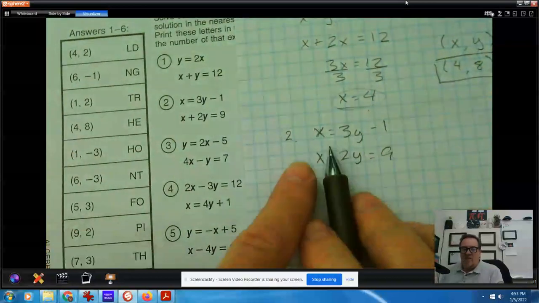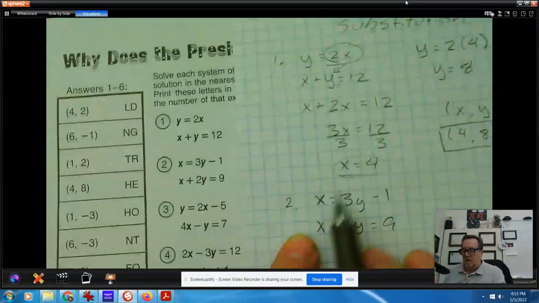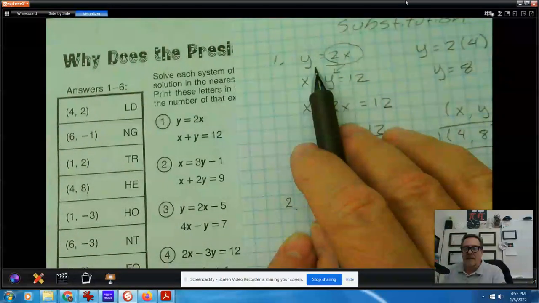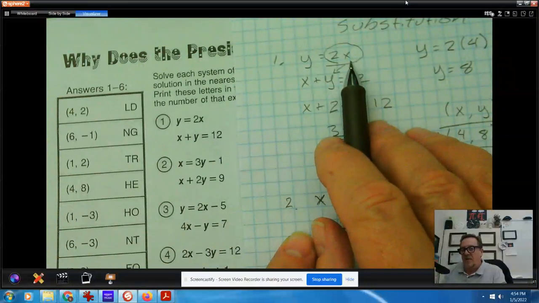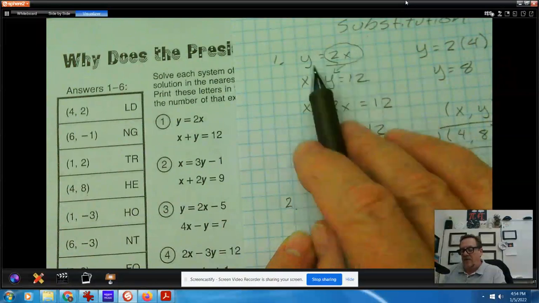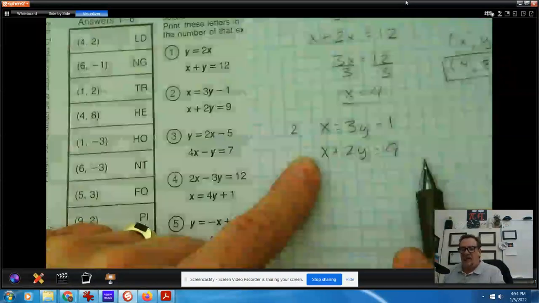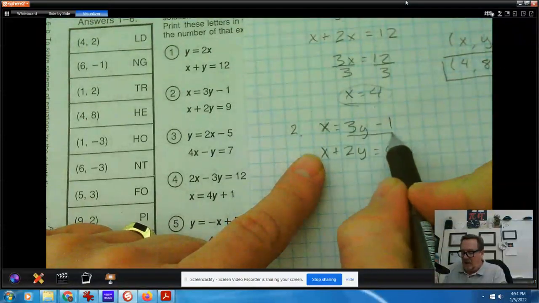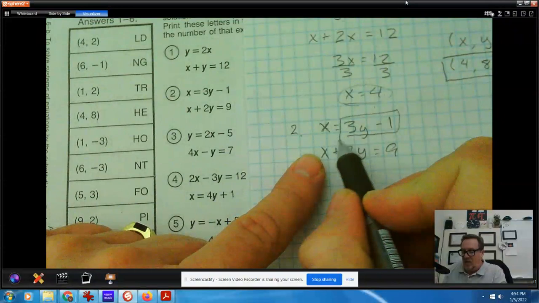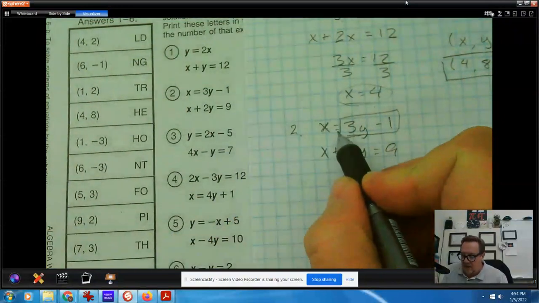In this first equation, you see how x is all by itself? Kind of like when we looked at the first equation in the first problem, y was all by itself, but it said equal to something. And then we were able to replace the y in the other equation with that thing. Here, x is by itself, but it's equal to this thing. So we could replace the x in the second equation with that thing.